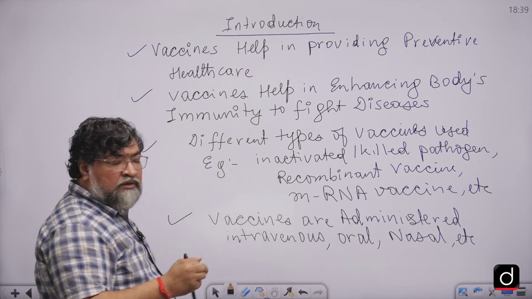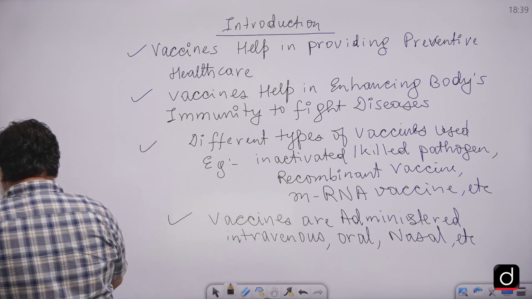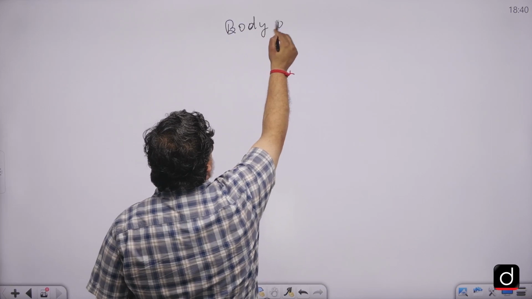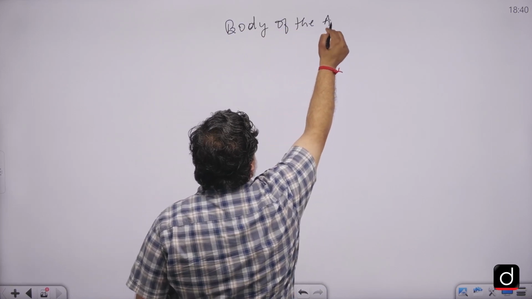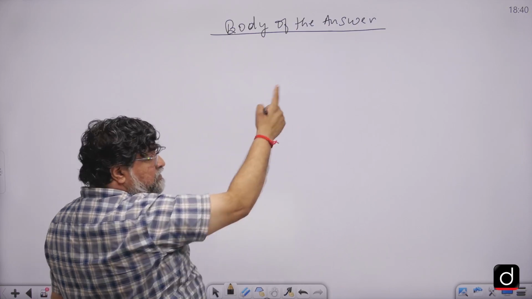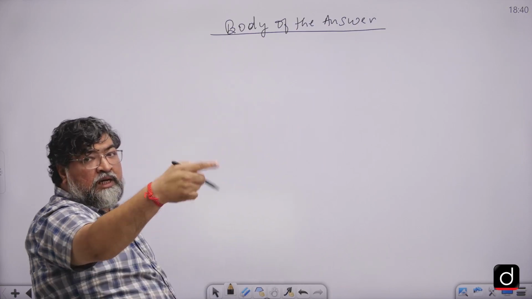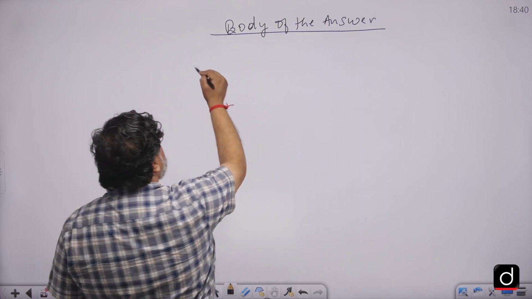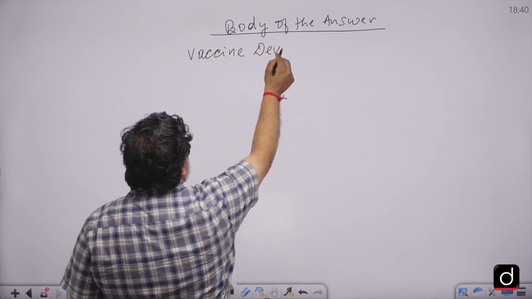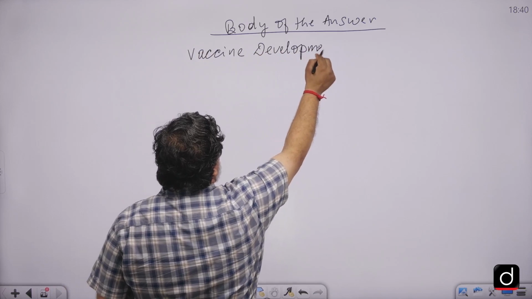Then what comes here? Then in this context, when it comes to the body of the answer, what you can do is that the question is asking about how vaccine development happens. Right?